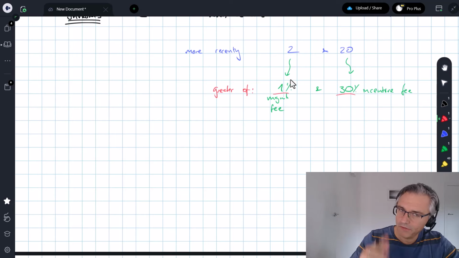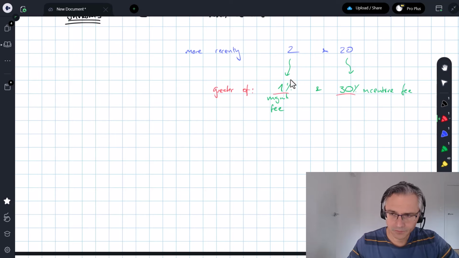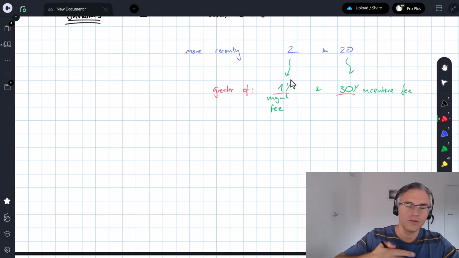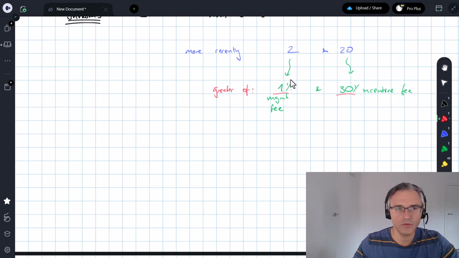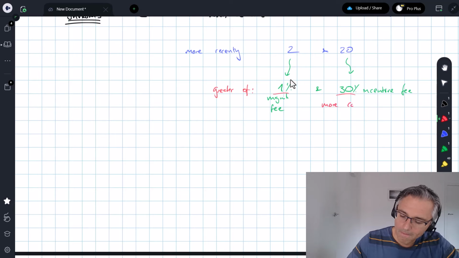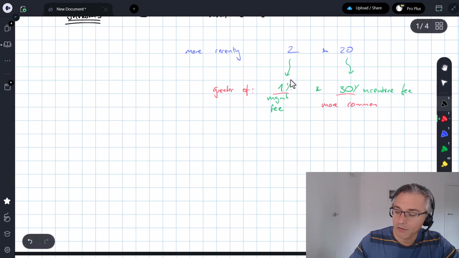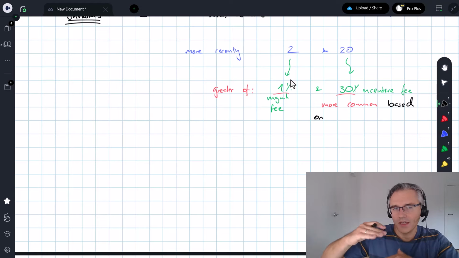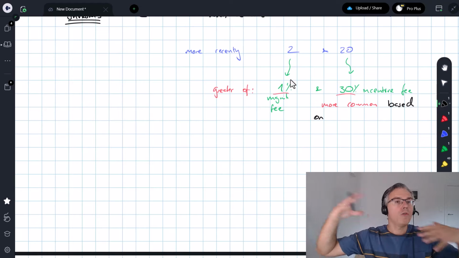However, whereas previously the incentive fee would be based on simply the absolute profits achieved, these days it's increasingly common to see agreements where this is based on outperformance against a certain benchmark. So not on the whole profit achieved.